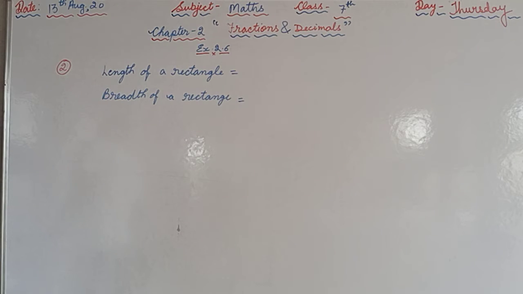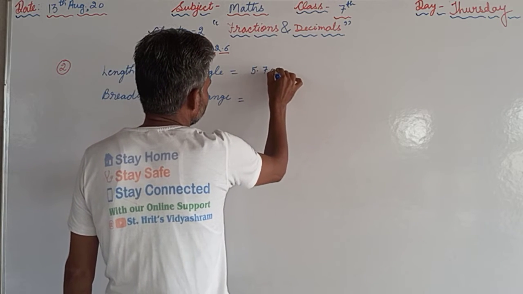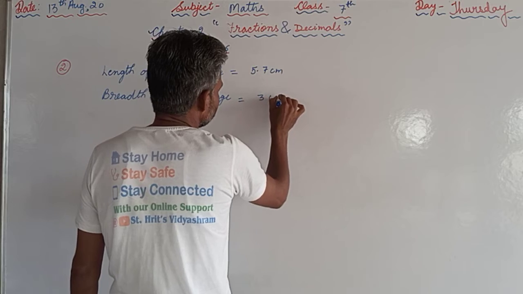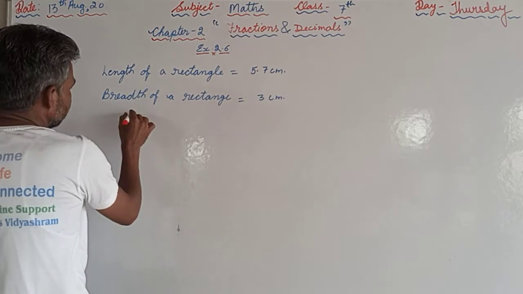Length is 5.7 and breadth is 3 centimeter, and we have to find the area of the rectangle.